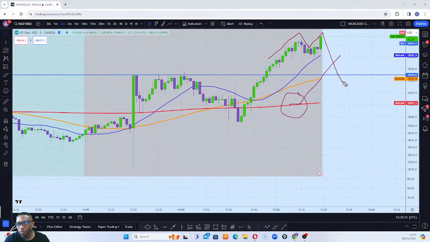Then if it wants to continue going up, or it could also continue from here. But mostly, once price gets into the wide state, it wants to pull back to the narrow state and then push up again.